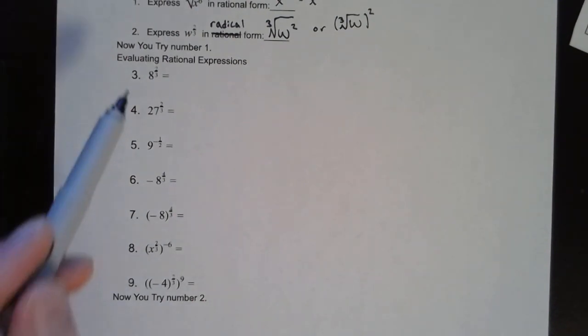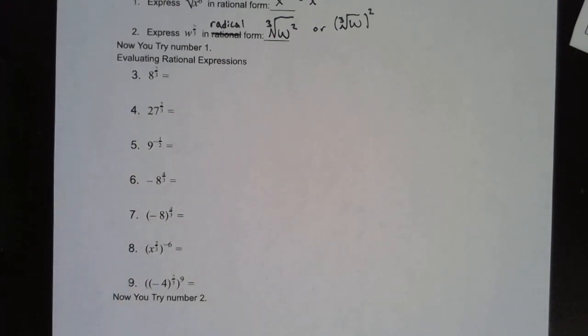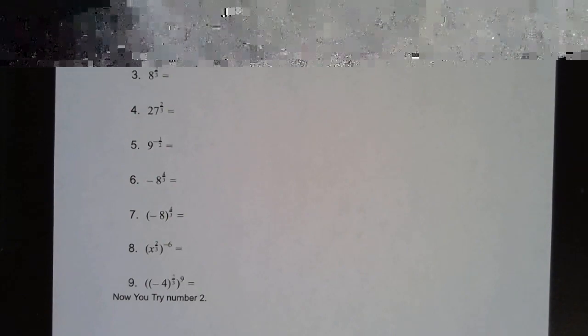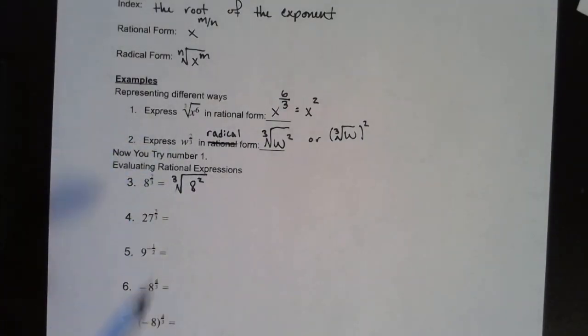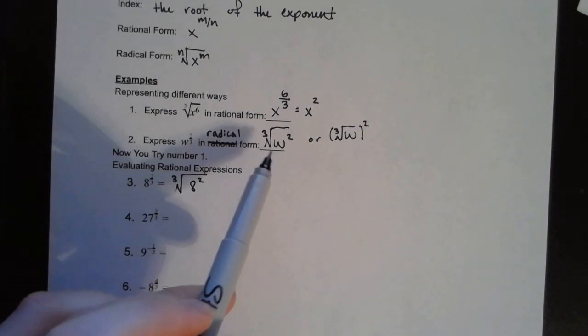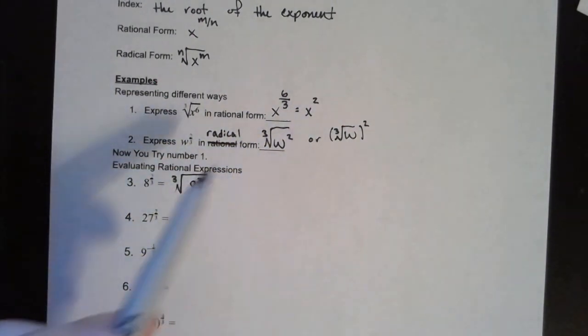So I'm going to go ahead and first write this example number 3 in radical form. So that will look like this. So we have 8 squared, and that's all under the third root there. Now from here, we have a couple different ways to go about this. Like I said before, we can do these operations in either order.